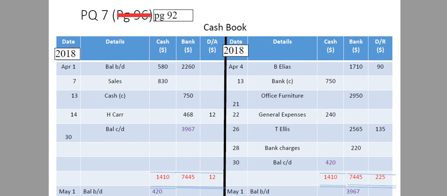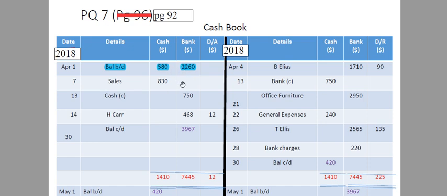It's 2018 April, and if you see in the second and the third line, it says balance brought down is $580 of cash. So there is a balance brought down of $580 of cash, that's cash in hand, and 2260 cash at bank. So if you notice, these are the balance b/ds and we have entered them on the debit side.